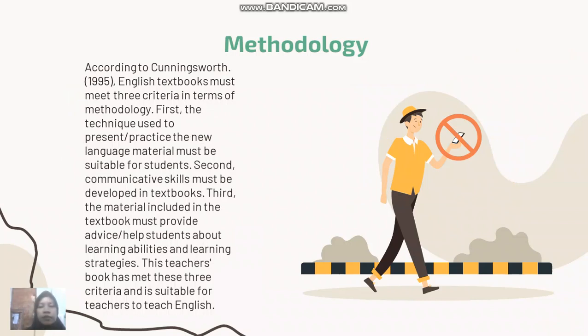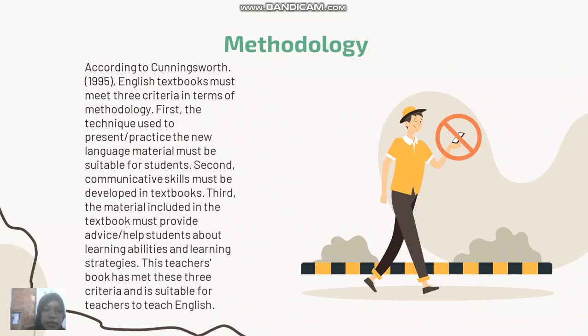Next is methodology. According to Cunningsworth 1995, an English textbook must meet 3 criteria in terms of methodology. The first is that the technique used to present or practice the new language material must be suitable for students.